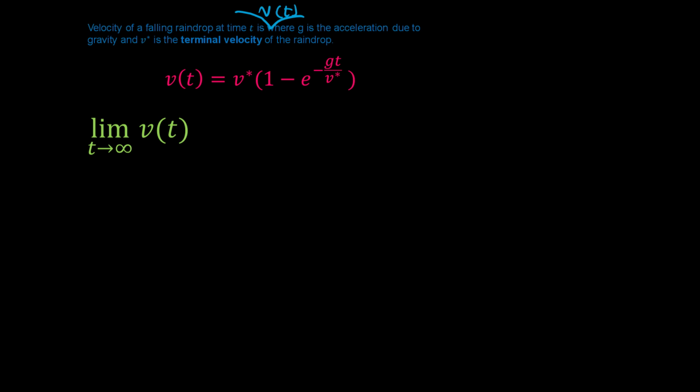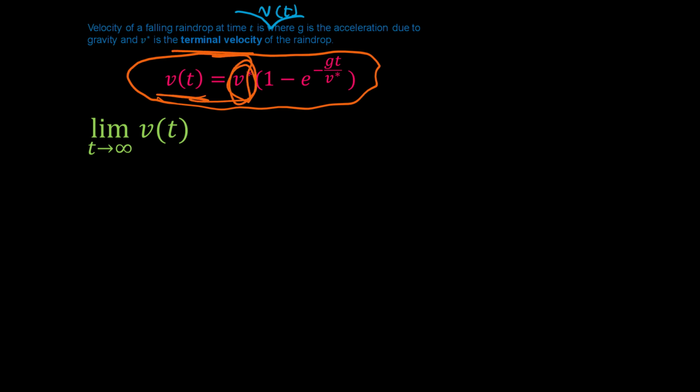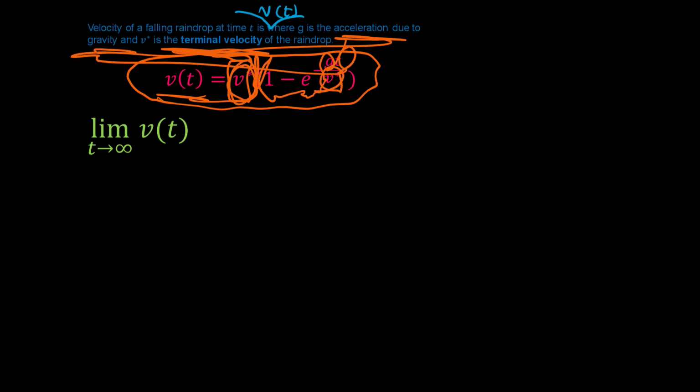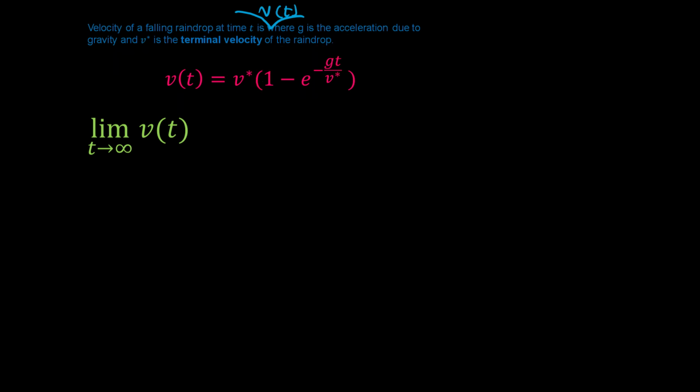So we have this formula for velocity of raindrop as a function of time. v(t) is v star, which is terminal velocity, so it's a constant, times 1 minus e to the power of negative g t over v star, where g is acceleration due to gravity, t is time, and this v star in the denominator is again terminal velocity.